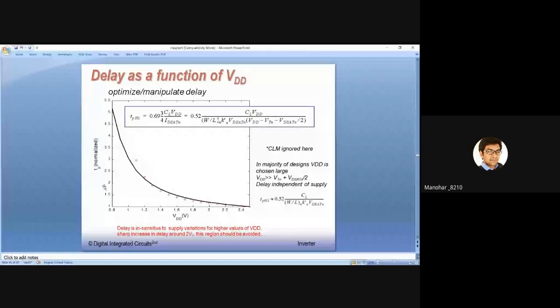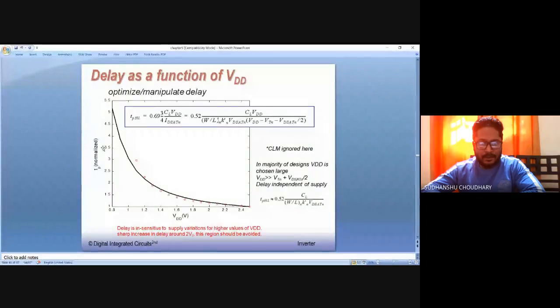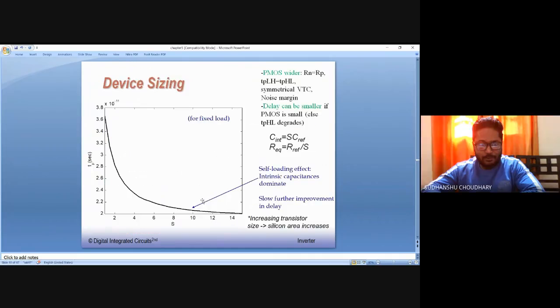So this slide, if you remember, propagation delay is dependent on this beta. So we see that when we were increasing, in fact VDD, the sizing also, you will find a similar relation. Here, at this point, maybe when S is 10, we see that the delay is not improving, right?